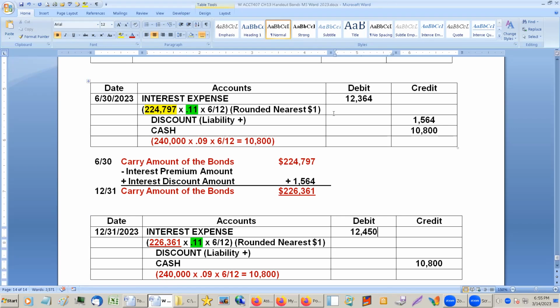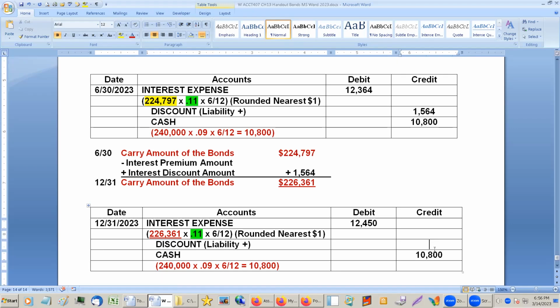And again, there's nothing wrong with keeping the cents if you want to. And so with this discount, it's gonna be reduced, so your liabilities are gonna go up by the difference between those two. $1,650.